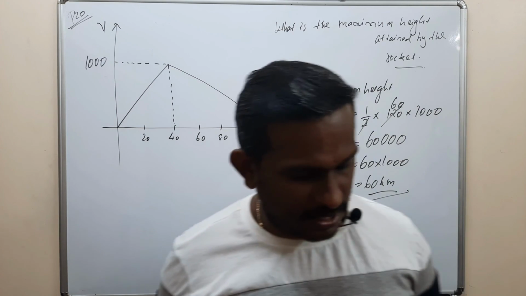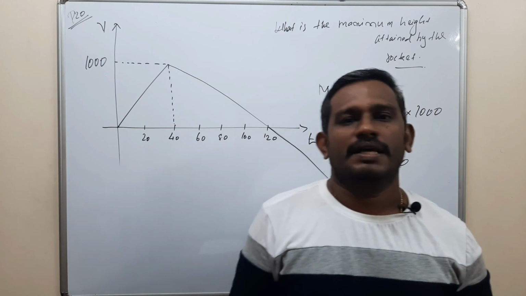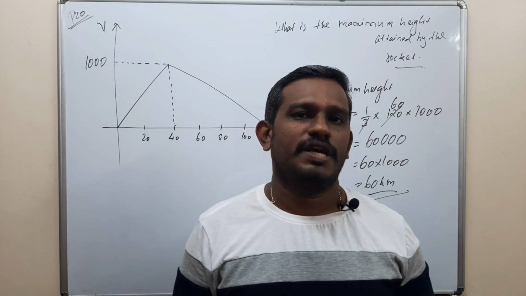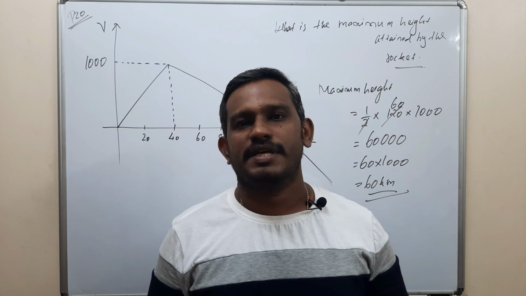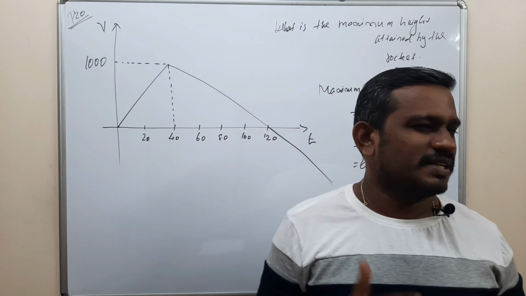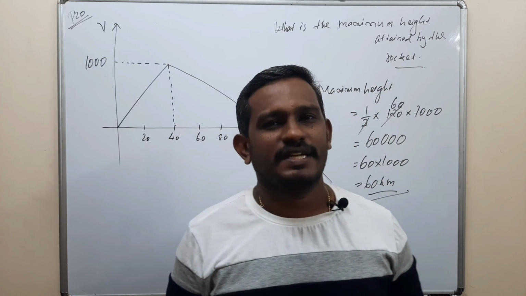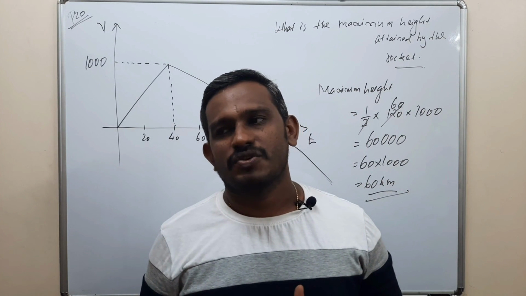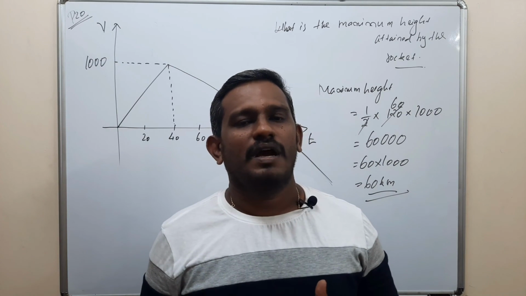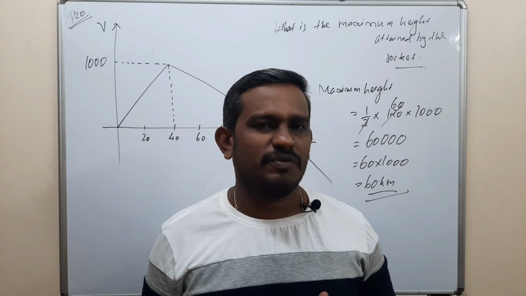So with this I conclude this session, the problem section of graphical analysis of motion. Totally 20 problems I have solved in this session. Graphical analysis of motion is a little bit confusing, with the velocity time graph, displacement time graph, and acceleration time graph, and how the acceleration time graph is converted to velocity time graph.